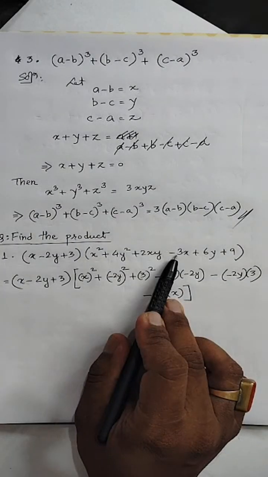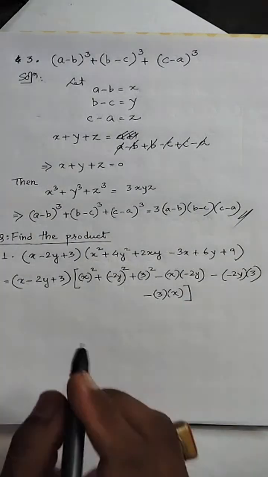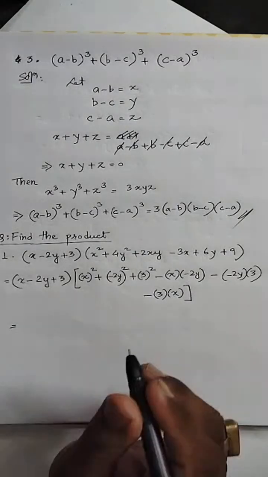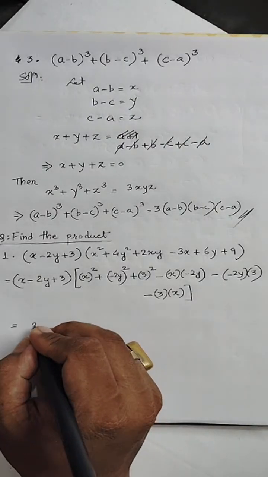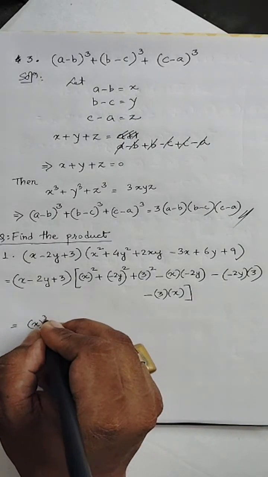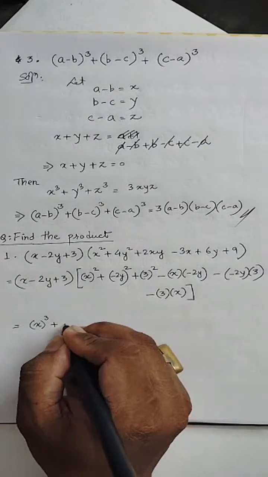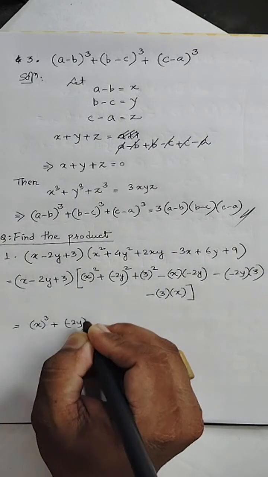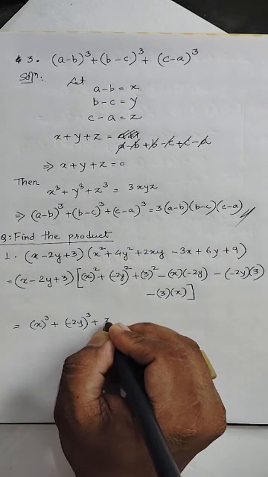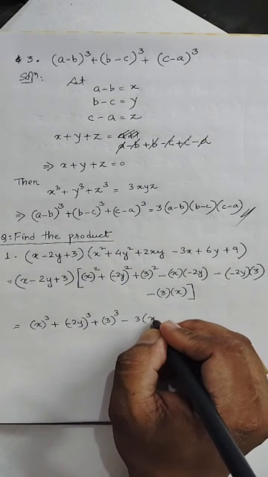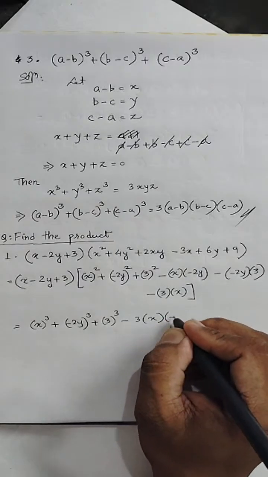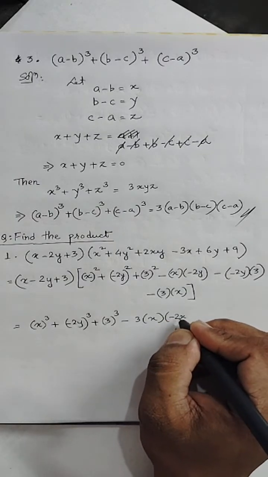Minus 3x. So all the terms we have covered. So this will be x whole cube plus minus 2y whole cube plus 3 whole cube minus 3 into x into minus 2y into 3.